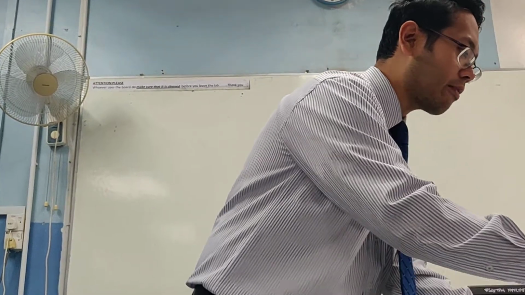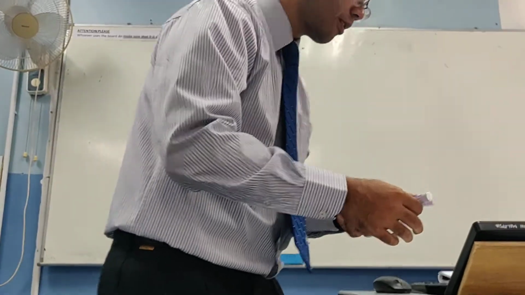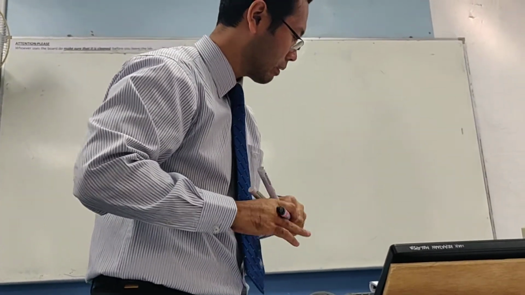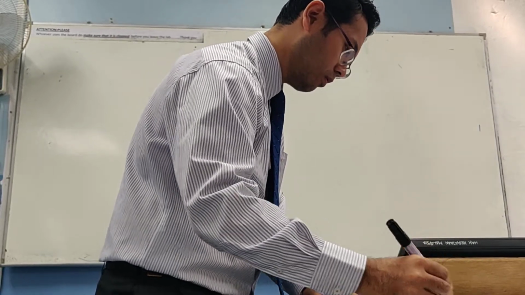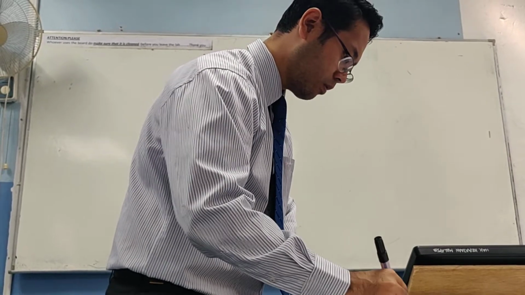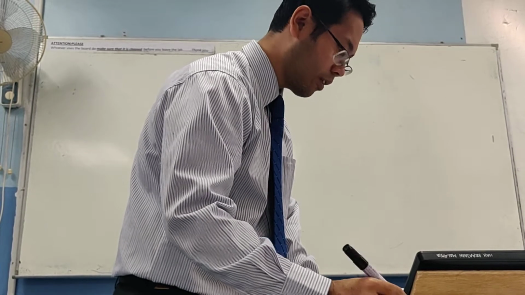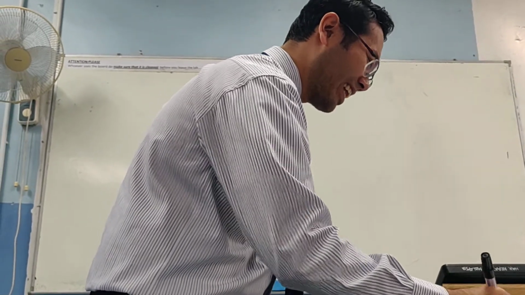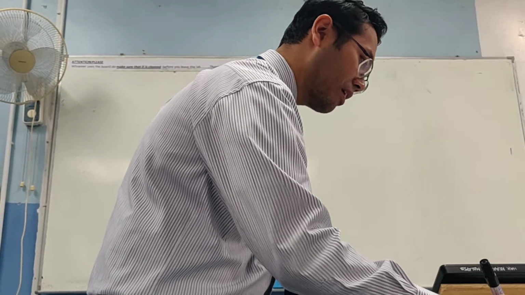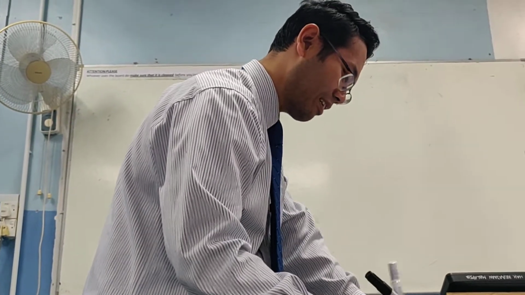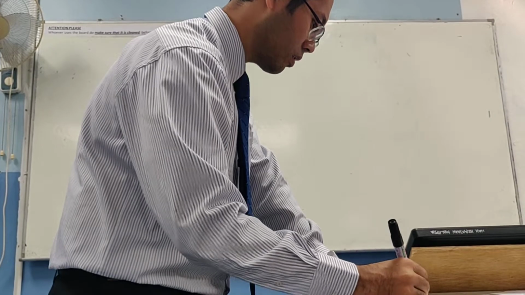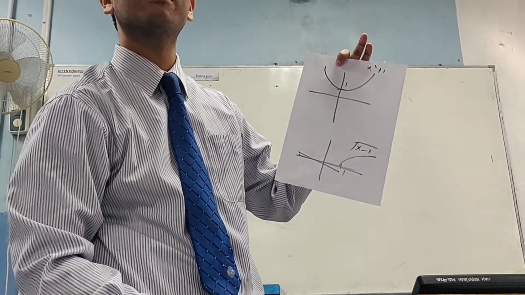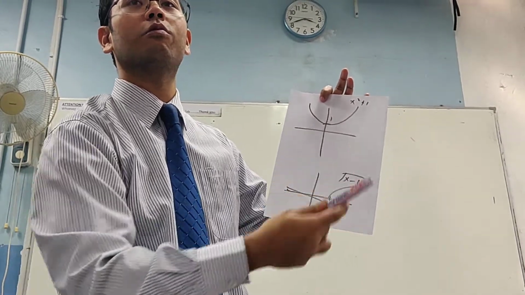Now, there's another crafty question. You were given these two graphs: x squared plus 1, and the square root of x minus 1.